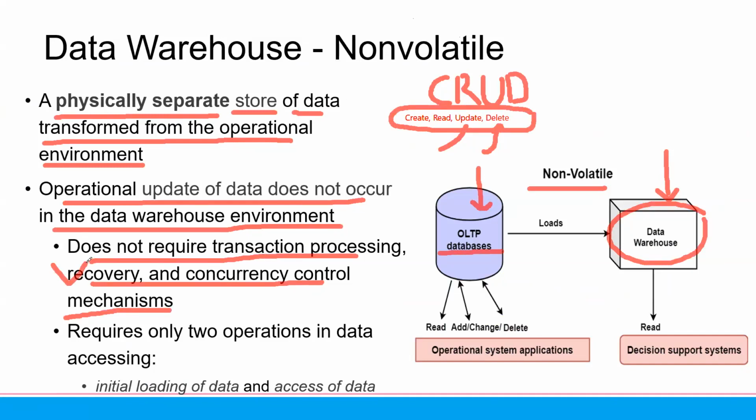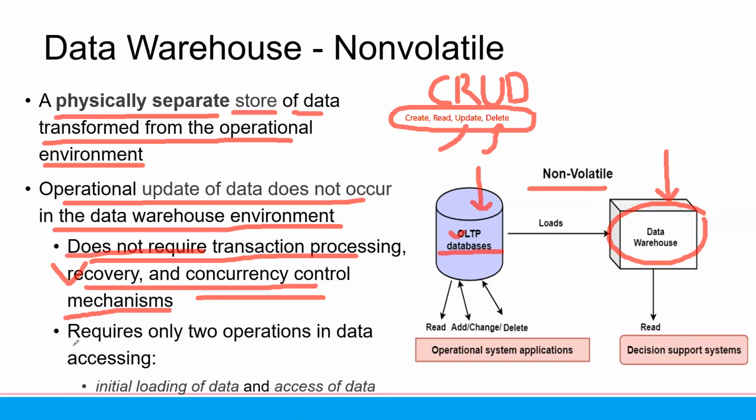If the database is down, you need a mechanism for recovery, or a concurrency control mechanism. So when you update your data from the mobile phone, I should see the same data on my website. So there should be concurrency in transactional processing or OLTP. But the data warehouse does not require this.